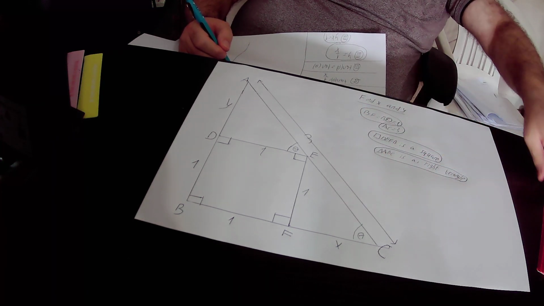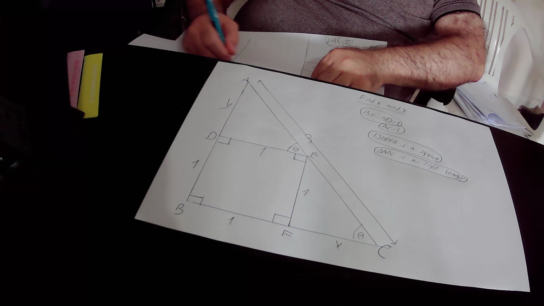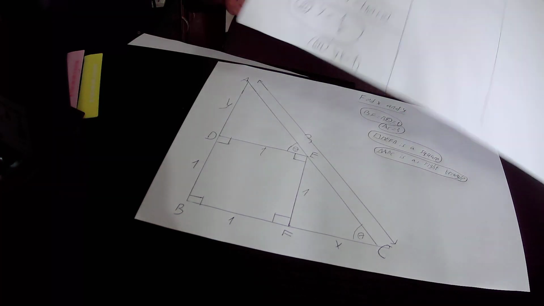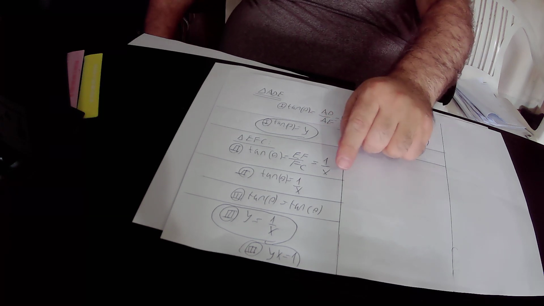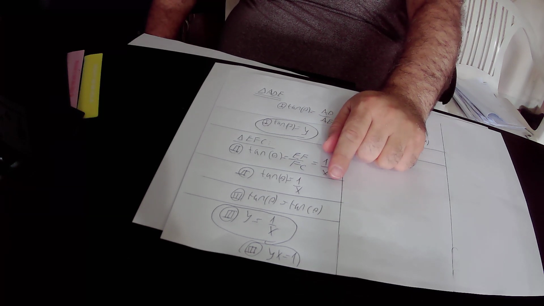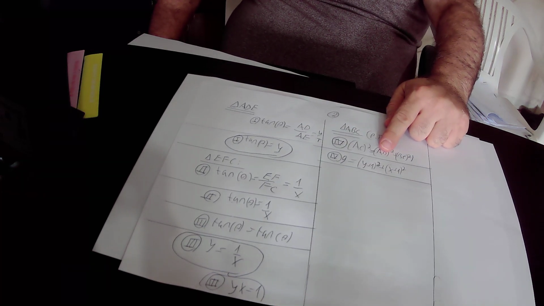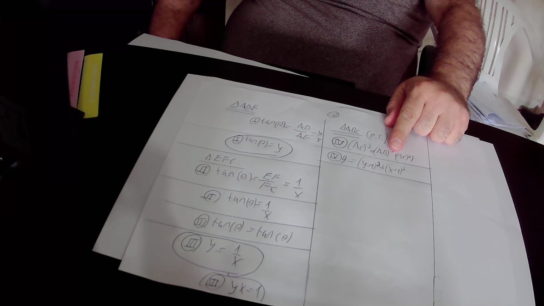So in conclusion, we got that according to equation number 4, 9 equals y plus 1 square plus x plus 1 square.